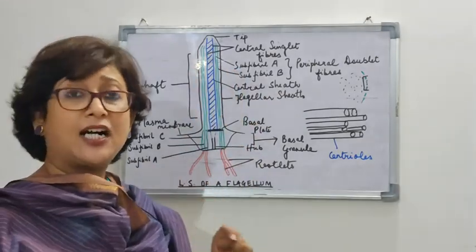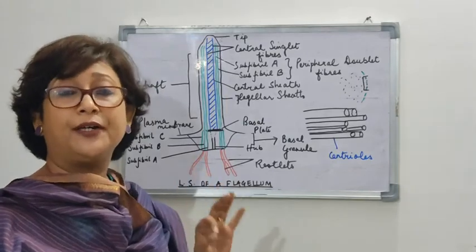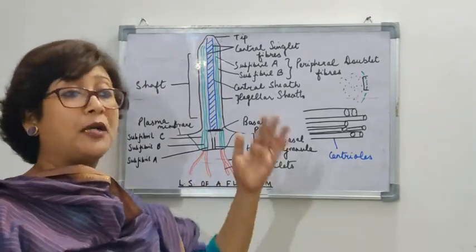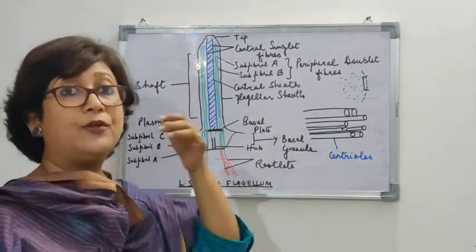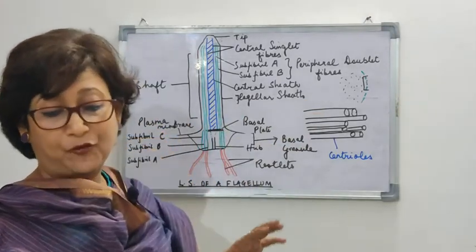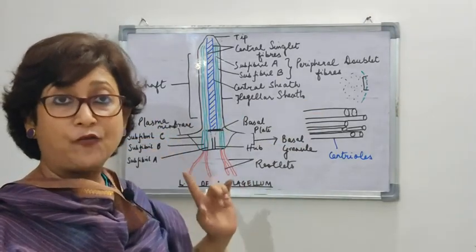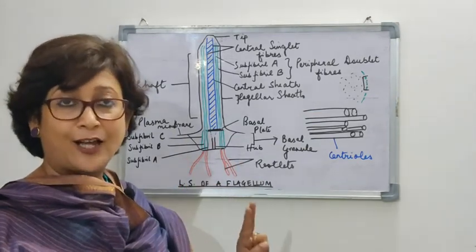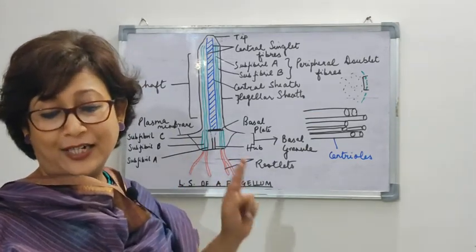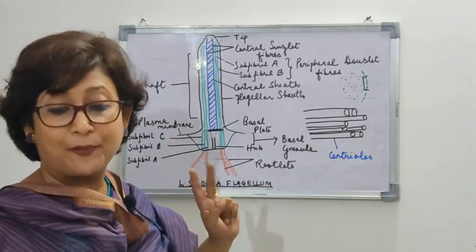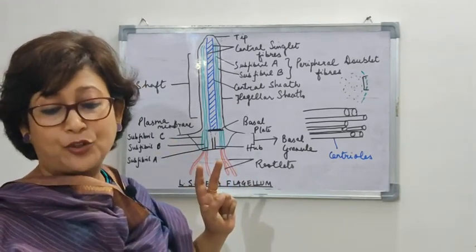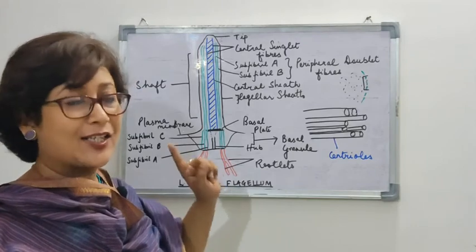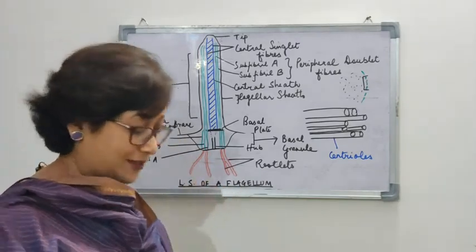It contains a semi-fluid matrix. Semi-fluid makes it movable. So it contains a semi-fluid matrix having an axoneme of 9 peripheral doublet fibrils and 2 central singlet fibrils.